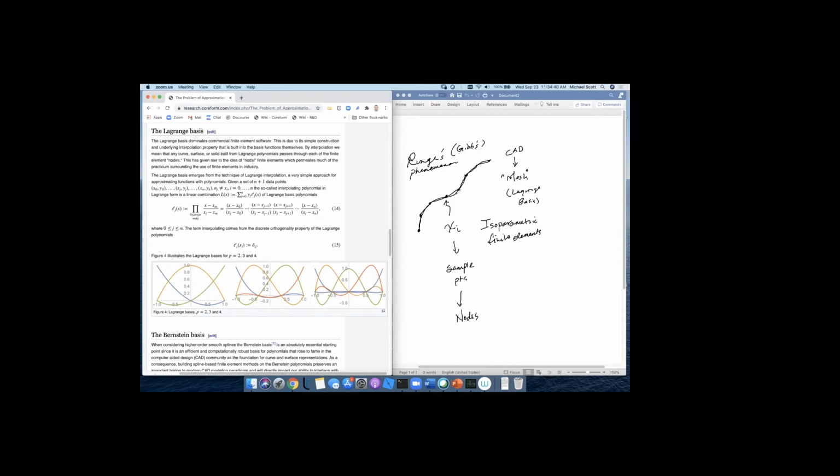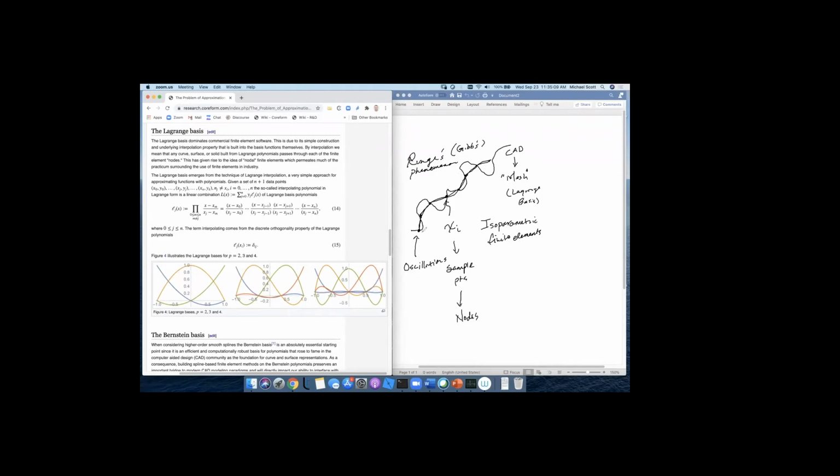Depending on how you pick your points, these polynomials are subject to oscillation. And there's no guarantee; in fact, you can construct pathological examples where, in the max norm, that oscillation never diminishes with refinement. It just continues to oscillate.